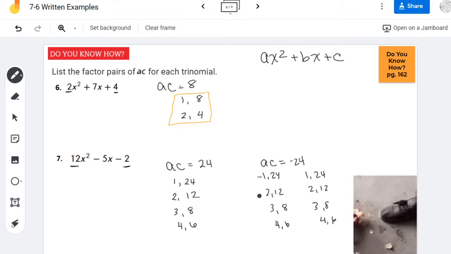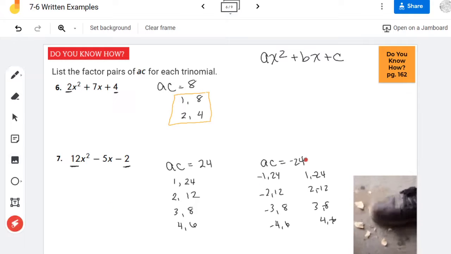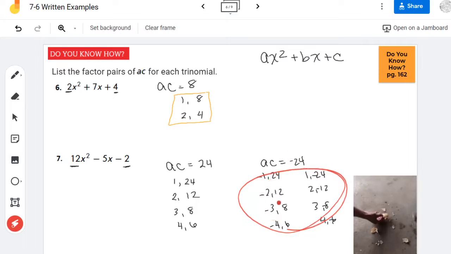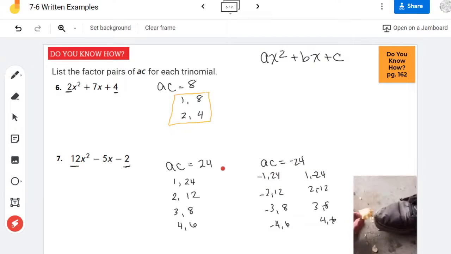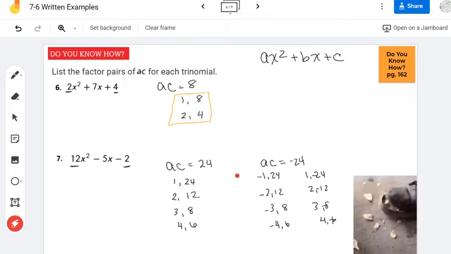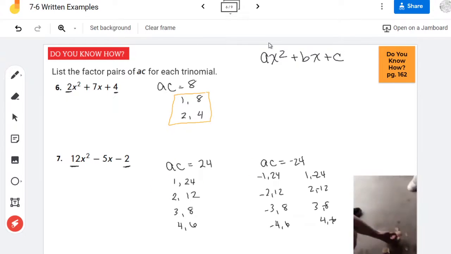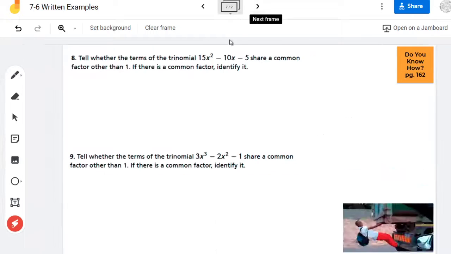So I'd make the smaller number on these ones negative and the bigger number on these ones negative, and now I have my full list of factor pairs. See how when I consider it as a negative, it kind of doubles my work? So that just depends on your thinking as you move forward in factoring.